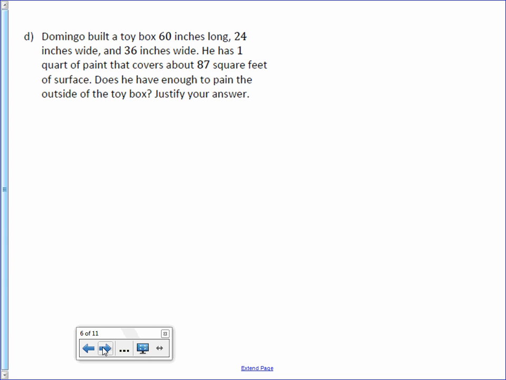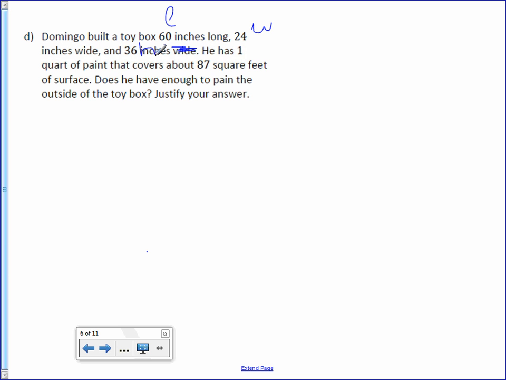Letter D. Domingo built a toy box 60 inches long, 24 inches wide, and 36 inches, this should say, high. So we have our length of 60 inches, our width of 24 inches, and our height of 36 inches.